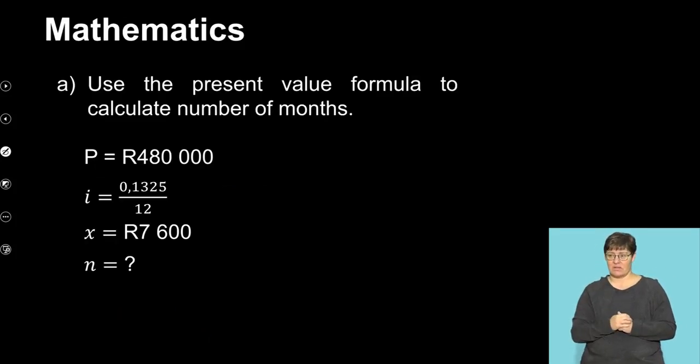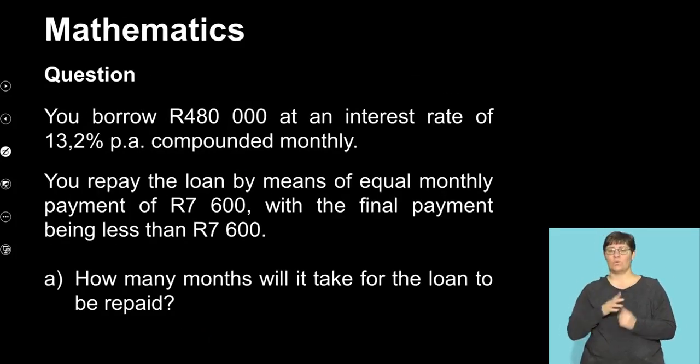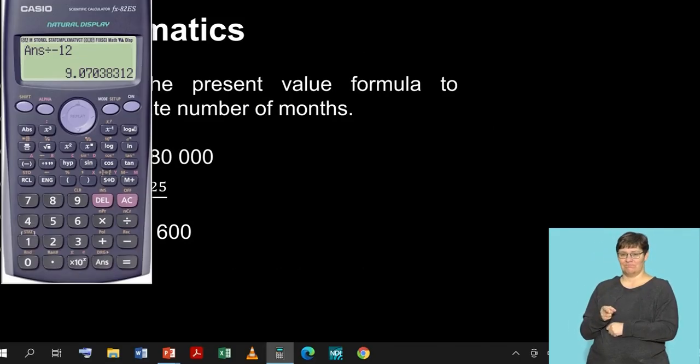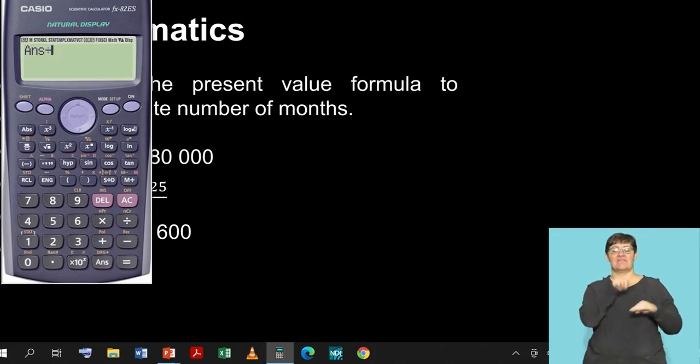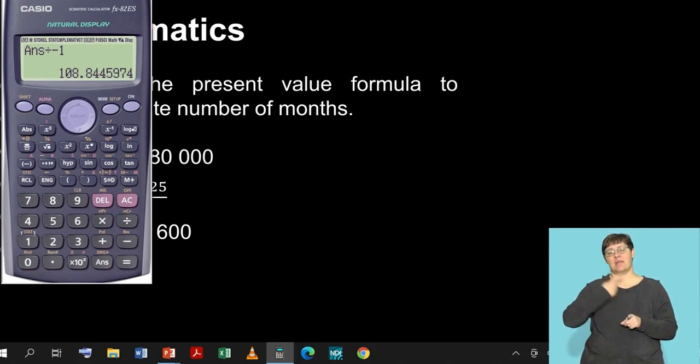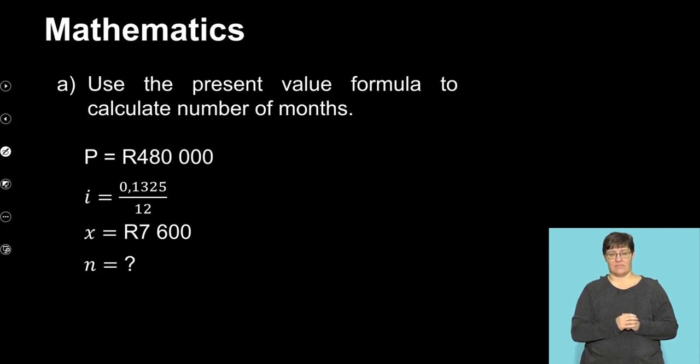But you will first quickly need to look at what they wanted us to do. How many months? So actually we did not really need to divide this by 12, right? So let me multiply this by negative 12 to take it back. I just need to divide it by a negative 1 in order to make it positive. So this is 108 months that the person is actually going to take to pay back this particular loan that they have taken from the bank.